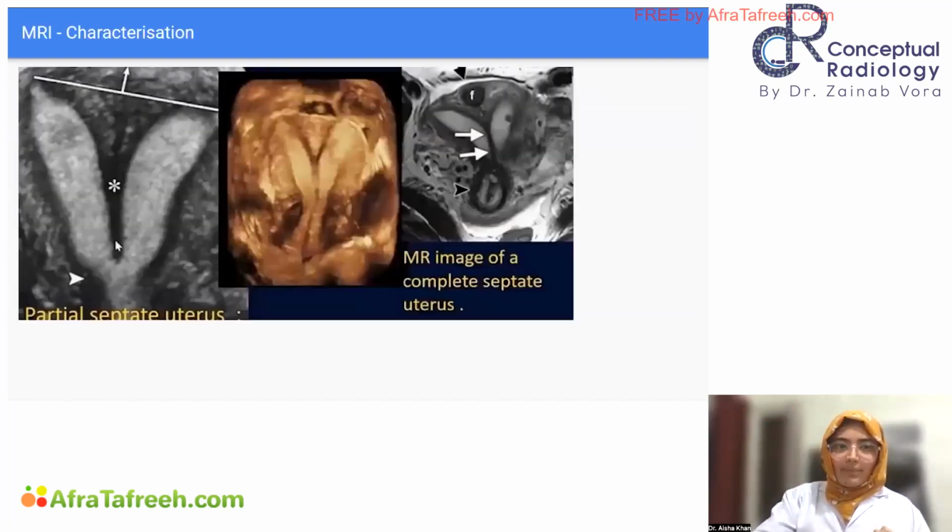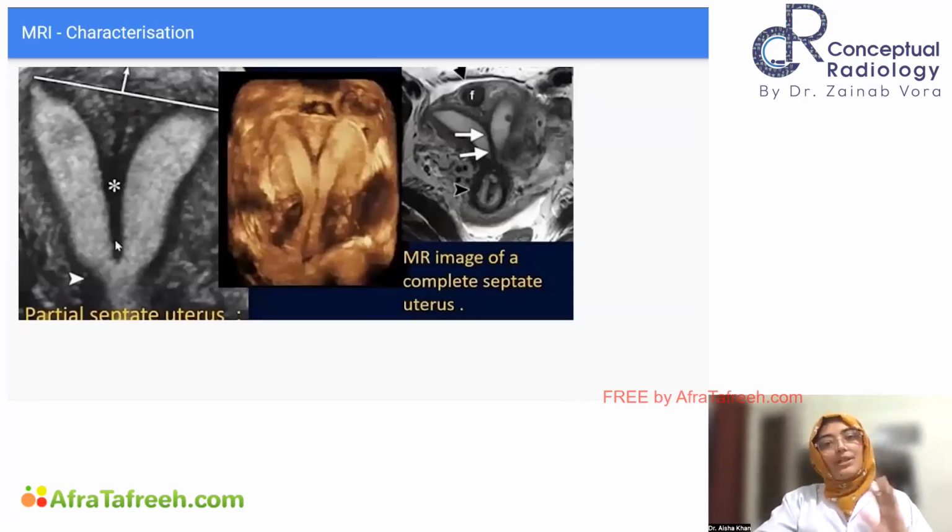Okay. What is the role of MRI? Characterization, especially in septate uterus, because that is the most common anomaly, and you always have to characterize, is it fibrous, is it muscular, or is it fibromuscular, because that depends.